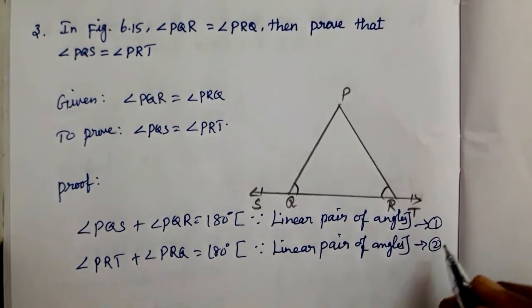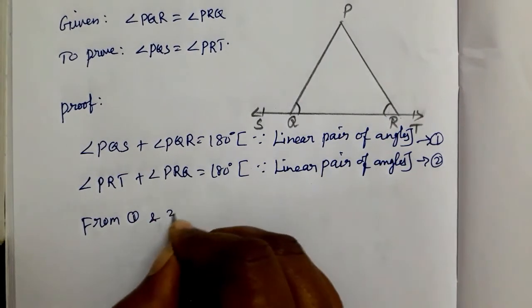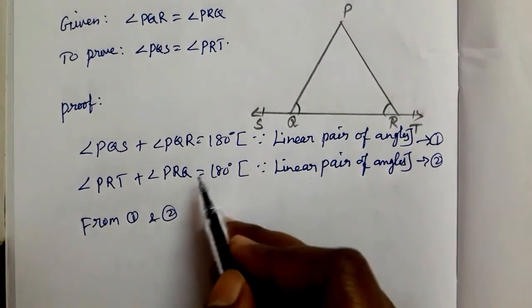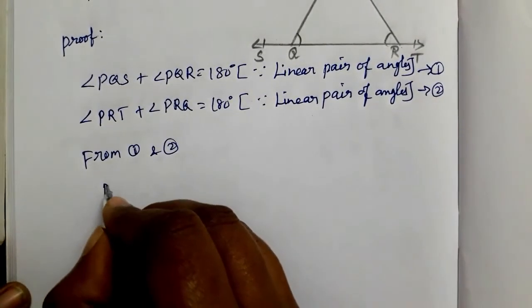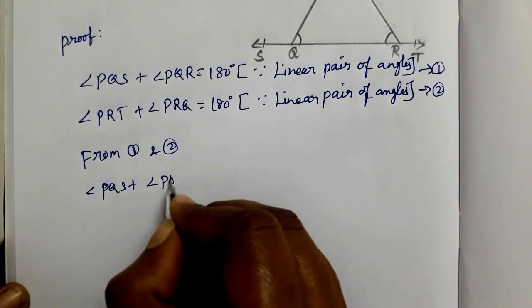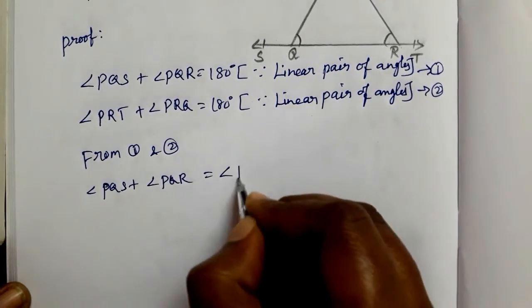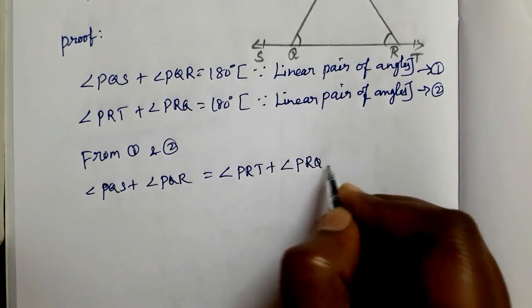This is equation 2. From 1 and 2, here both equations' RHS equal, so the LHS also equal. Therefore angle PQS plus angle PQR equal to angle PRT plus angle PRQ.